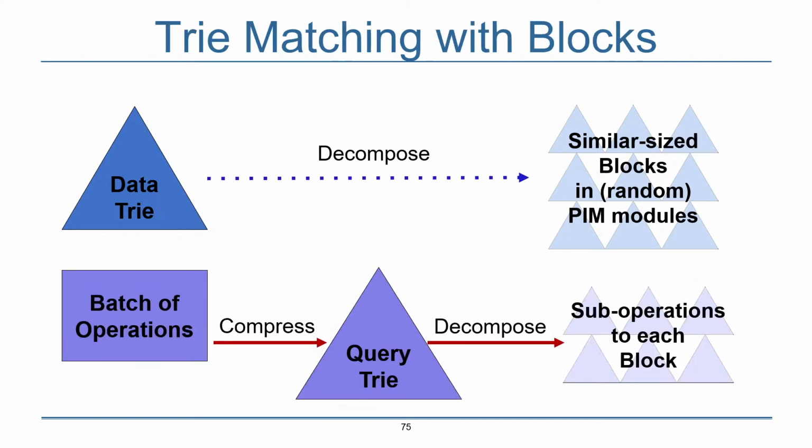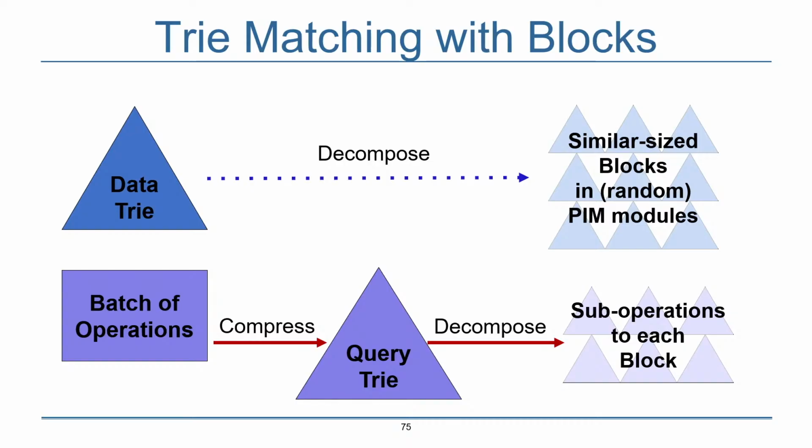And for a batch of operations, queries for example, we compress that into a query trie, and we want to decompose that in the exact same way into sub-operations for each block. So this is a 1-to-1 match. If we get this, then we can run these blocks in parallel.